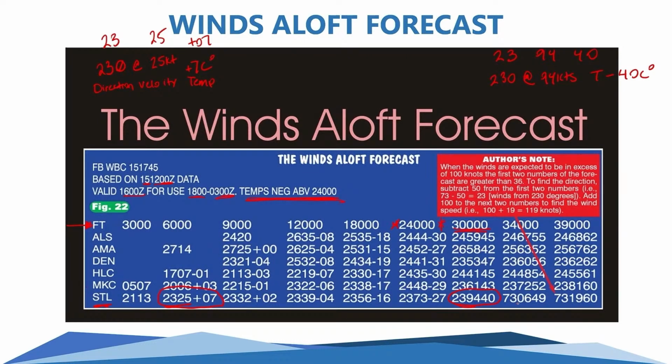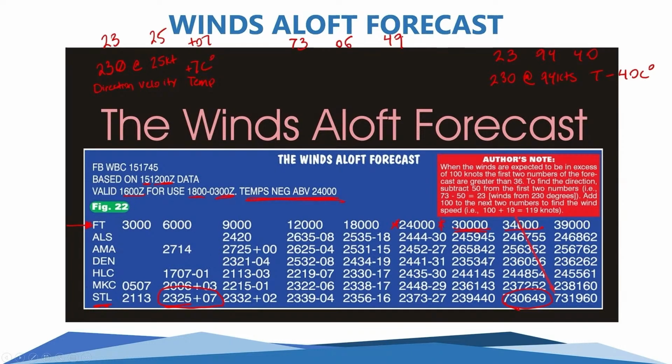Now, occasionally, you're going to run into issues where the wind is going to be greater than 99 knots. So if that's the case, then we have to basically do this math trick. So looking at St. Louis at 34,000 feet, you're going to realize that I've got the following numbers. I've got 73, 06, and 49.